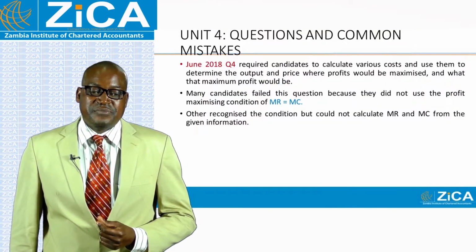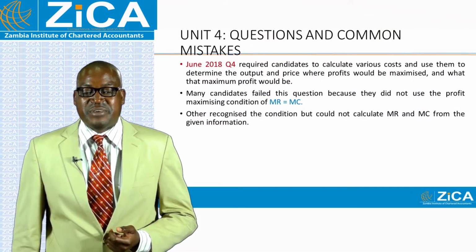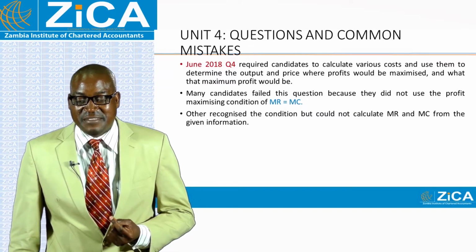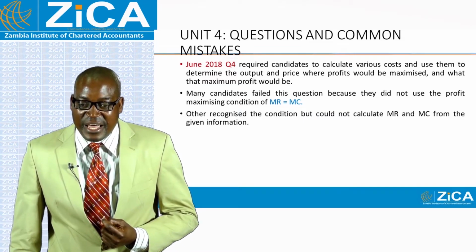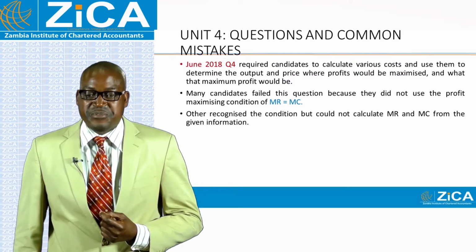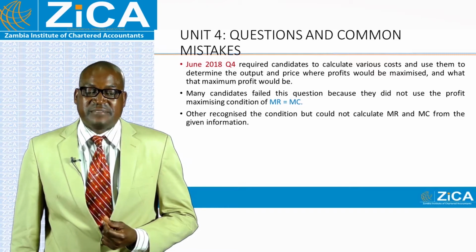Okay, in June 2018, question number 4 asked candidates to calculate various costs and use them to determine the output and the price where profit would be maximized.